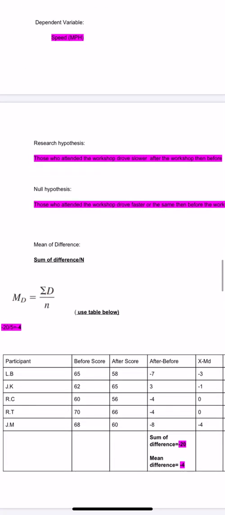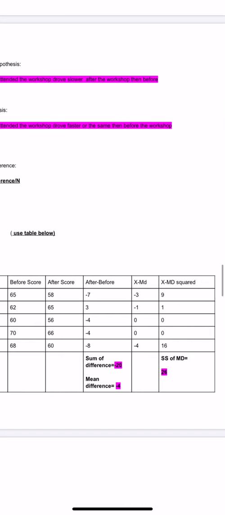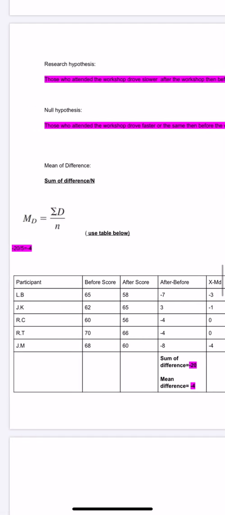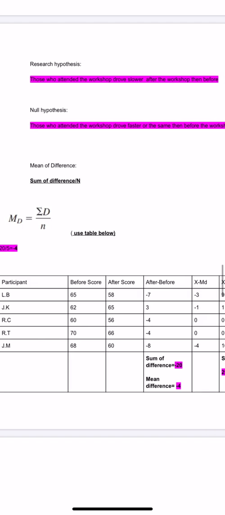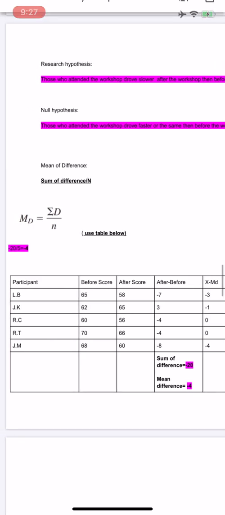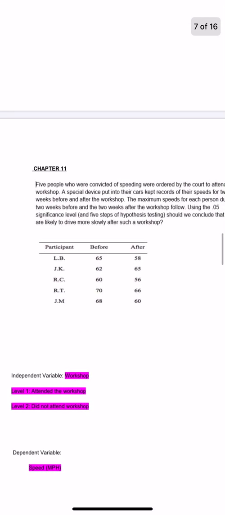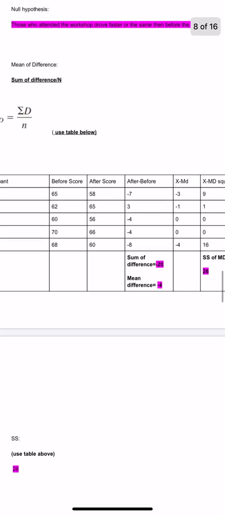So now we need to get the mean difference and the sum of squares. So the way you do that is you take this chart and you plot all the numbers. So you plot the before scores and the after scores. And that comes directly from here. I just copied them in.